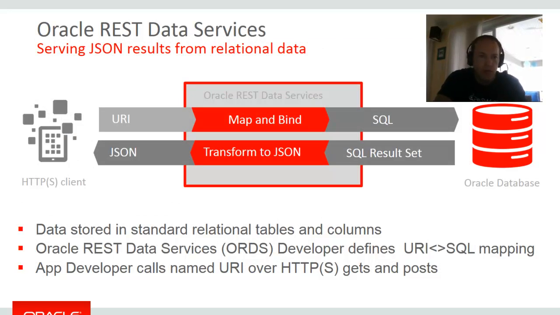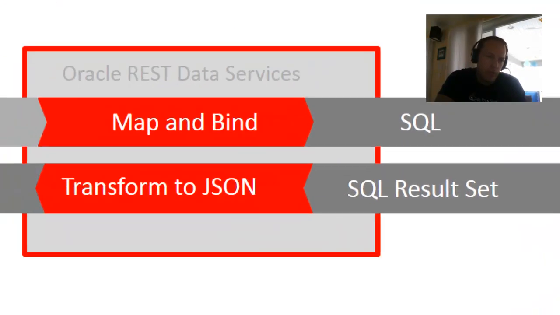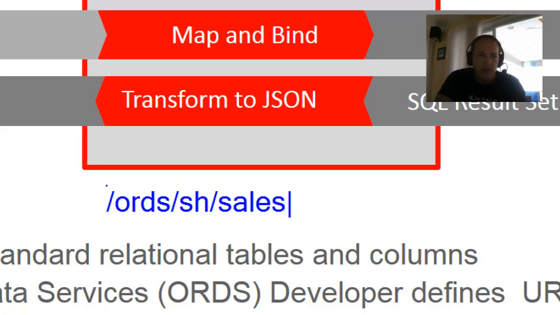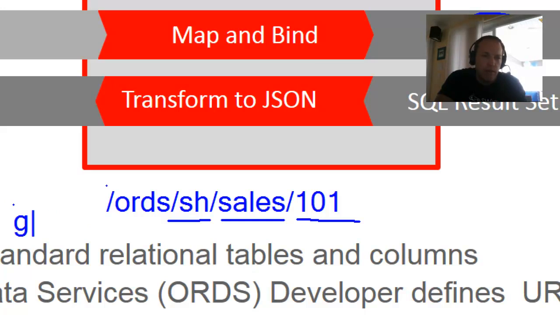So if my URI is... ORDS sees this and goes, I know what database this is, I know what user this is, I know what object this is, I know what resource this is, and I know the SQL that needs to be run to satisfy this request, whether that be the get, the post, or the delete.